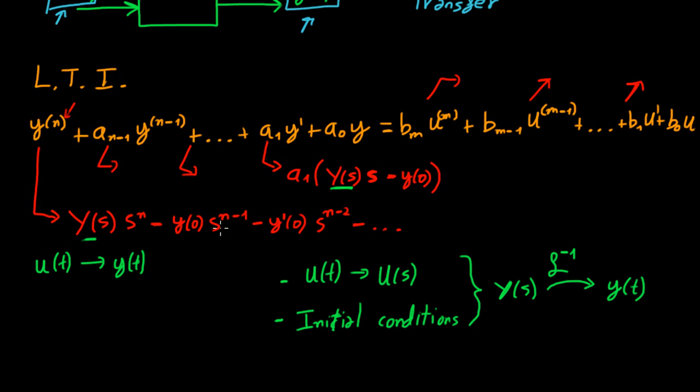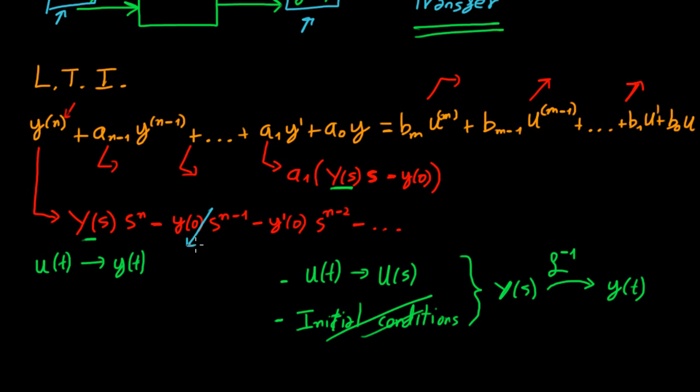But if we only care about the transfer characteristics, those transfer characteristics we mentioned before, in a general sense, we can disregard the peculiarities that the initial conditions express. So we can assume all of them to be 0.